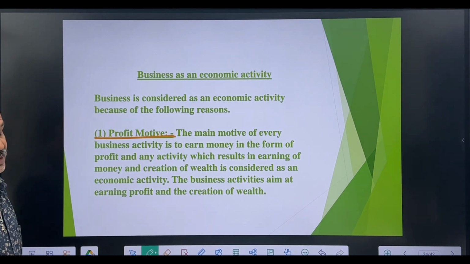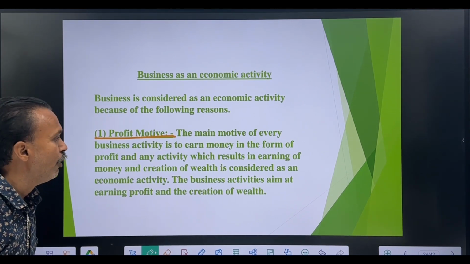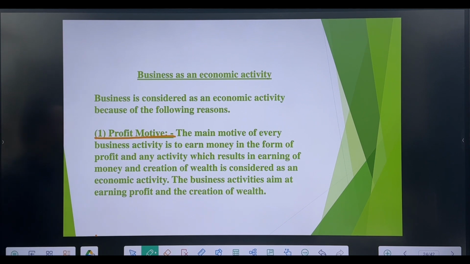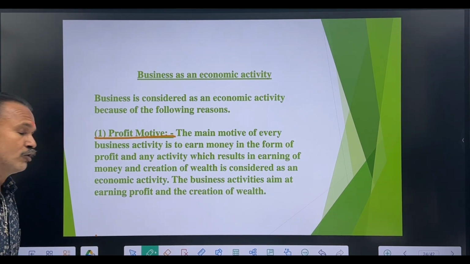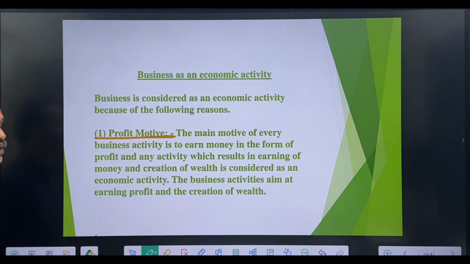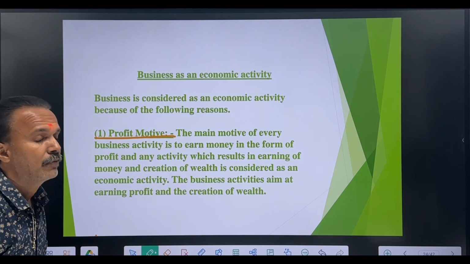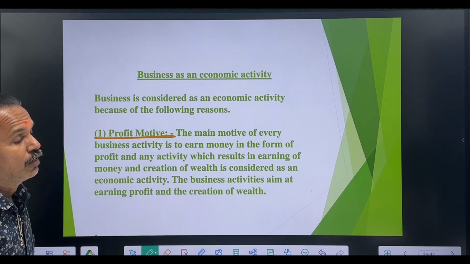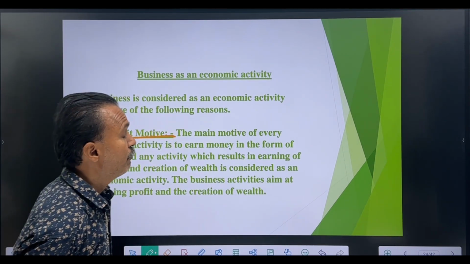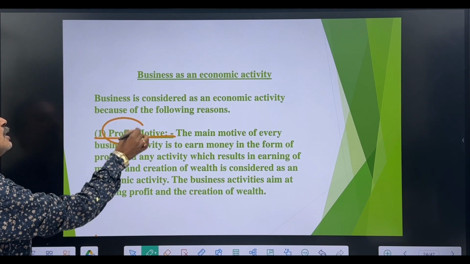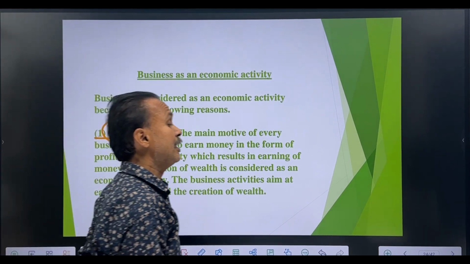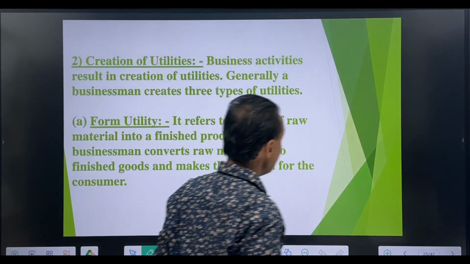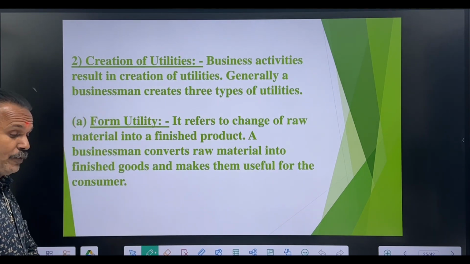Any activity which results in earning of money in the form of profit, which is further utilized in the creation of wealth, is considered an economic activity. The main object of the business is earning money in the form of profit. That is why business is called an economic activity. Second, creation of utility.